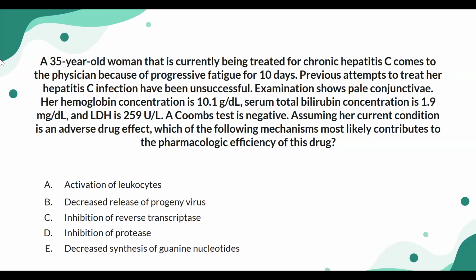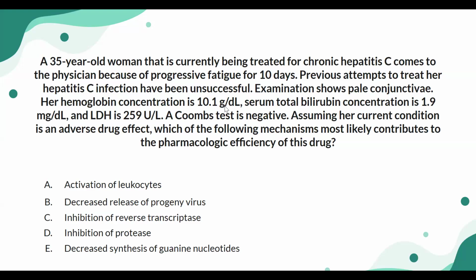Okay. The fact that she has pale conjunctiva and her hemoglobin concentration is low shows that she has anemia. Now, what kind of anemia are we assuming? They told us that the bilirubin concentration is high in the blood and the LDH concentration is high as well, which is lactate dehydrogenase, an enzyme that's present within RBCs, right? So when you have a hemolytic kind of anemia, the amount of bilirubin would increase.